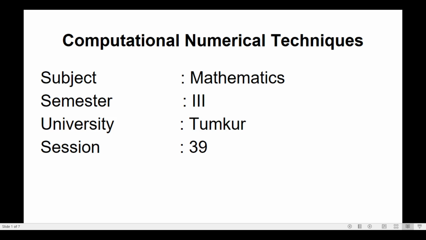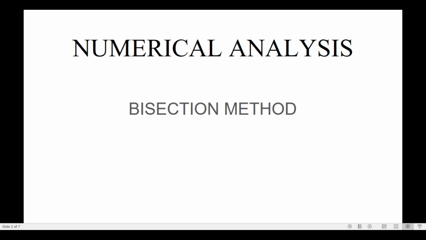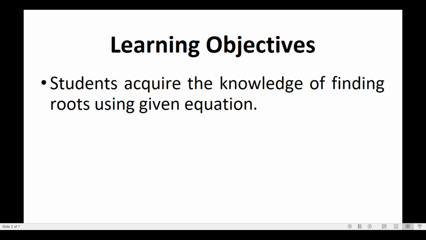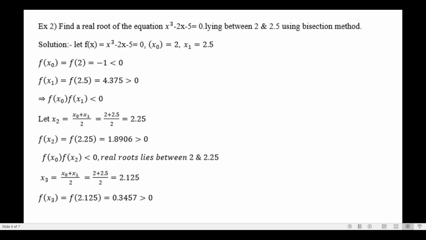Now in third semester BCA, we have computational numerical techniques. In session 38, we discussed the bisection method. Here also we can find the roots of a given equation using the bisection method.